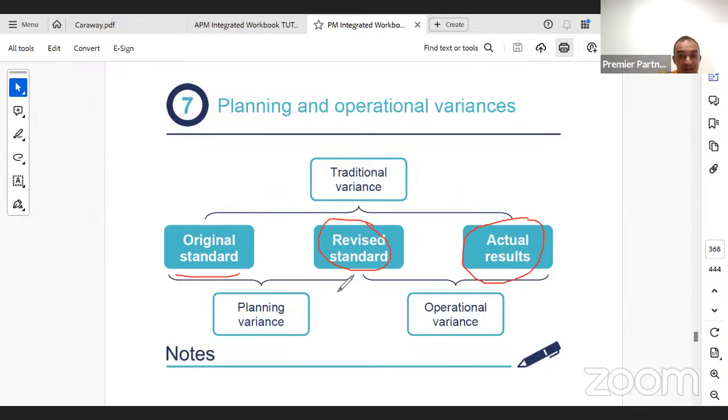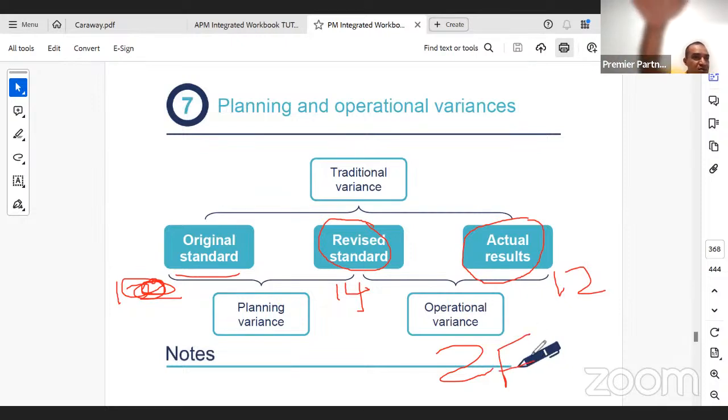Current market says your expected price should be 14, but you have actually paid 12. Earlier, the original standard said 10. When you compare with the original standard, you have paid 2 more. But when you compare with the revised standard, you have actually saved 2. Instead of shouting at the employees, you have to commend their performance.